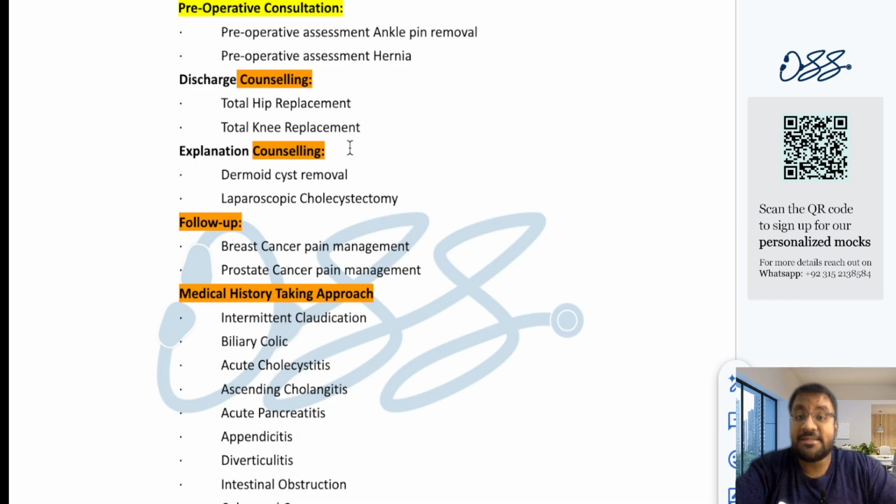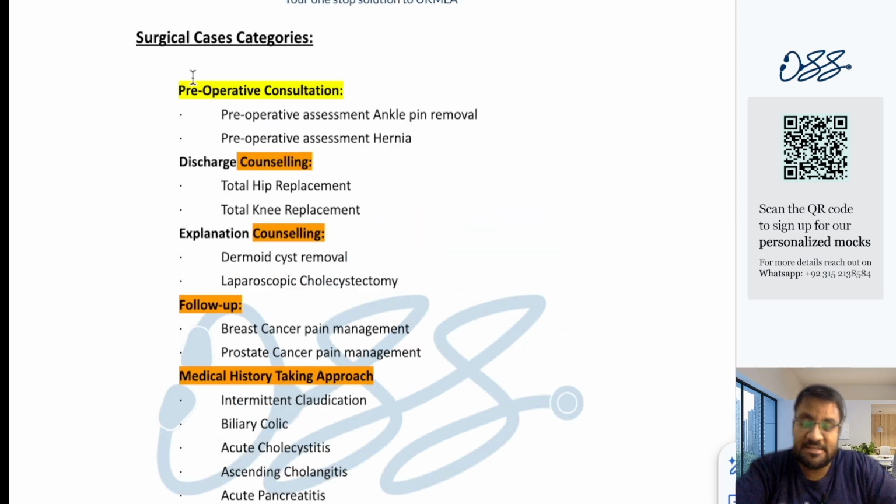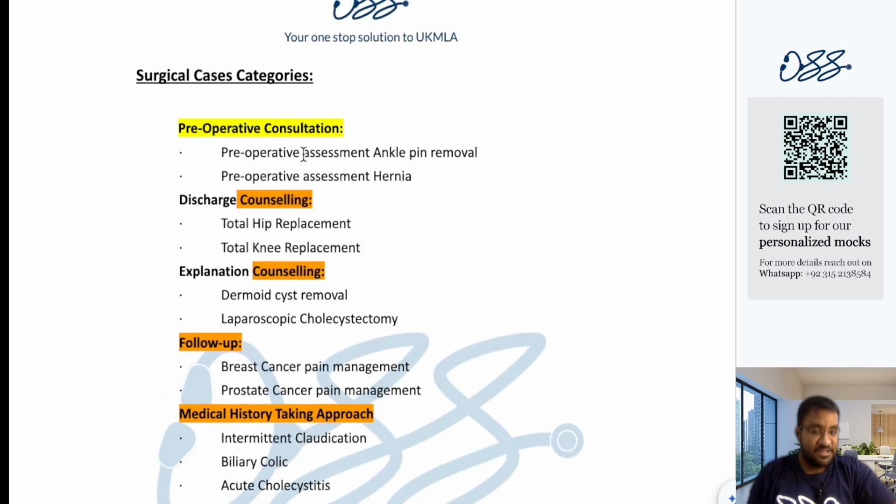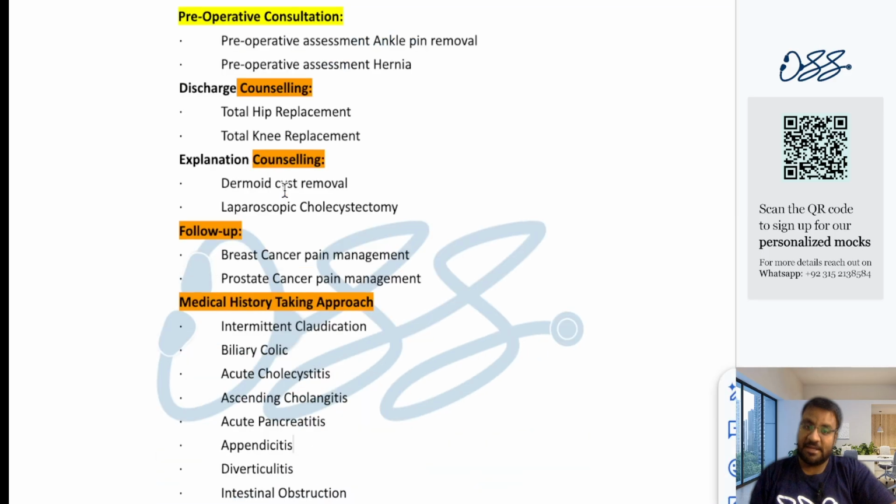What is different in the surgical consultation is the pre-operative consultation. A couple of cases show up in which you have to perform the pre-op, and there is a way to go about the pre-op session. There is a different way of doing the pre-op history, or the pre-op data gathering, and making sure that the patient is ready pre-operatively to get into surgery.